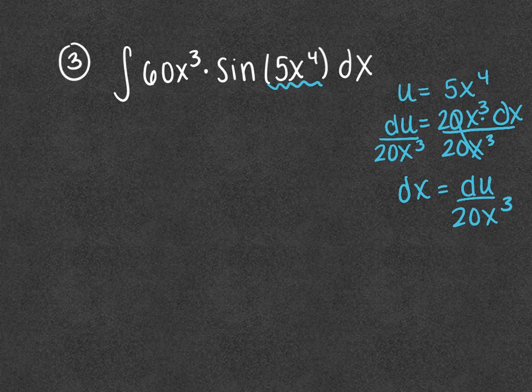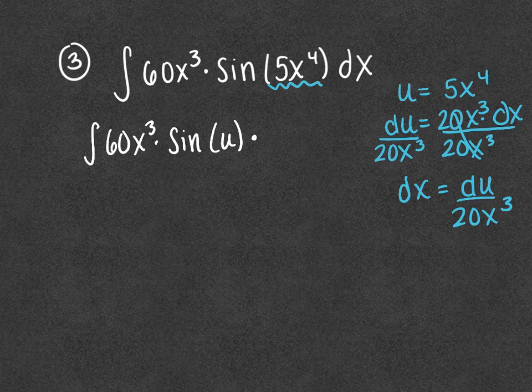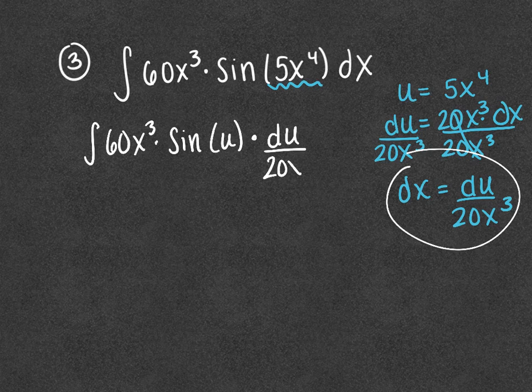So now all that's set up, we substitute back in. So we have the integral of 60x to the third times sine of now u, and plug in dx. This is what I let dx equal. So du over 20x to the third.